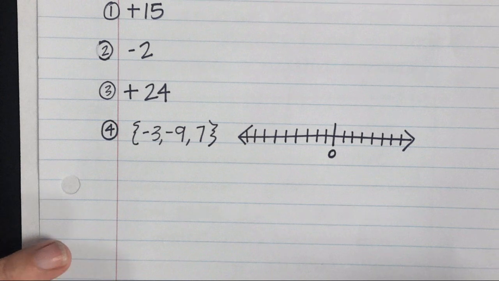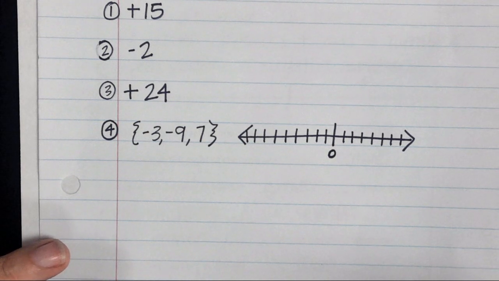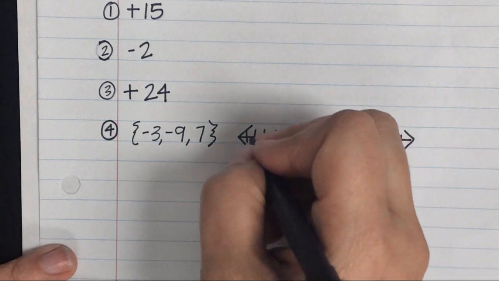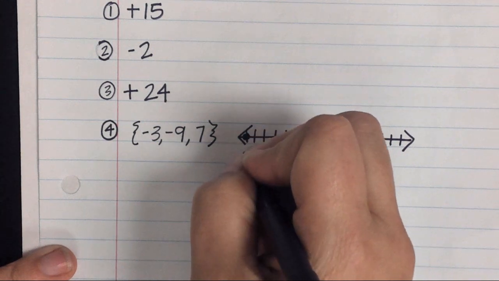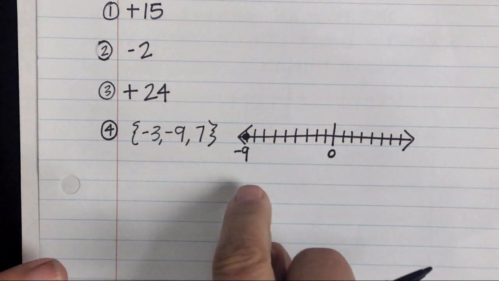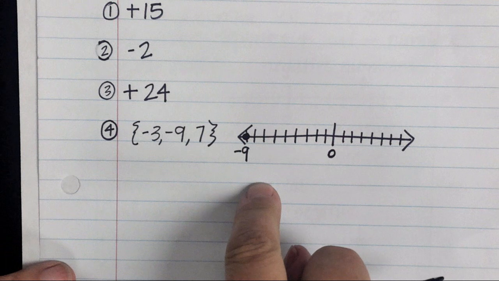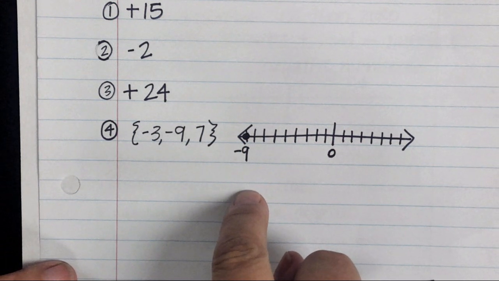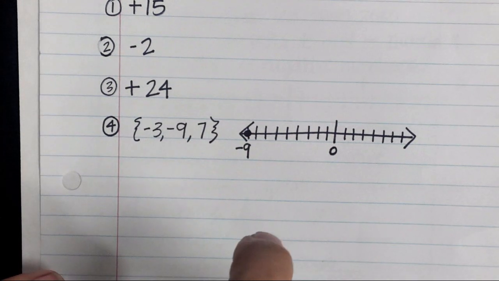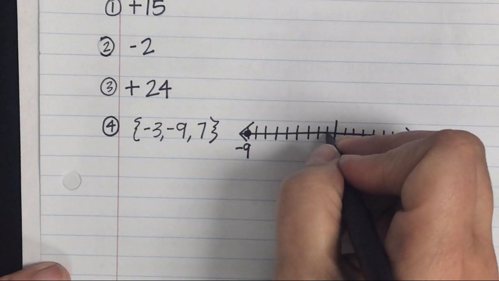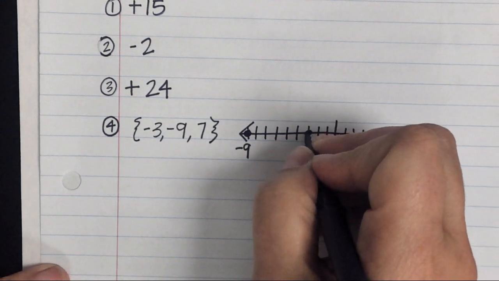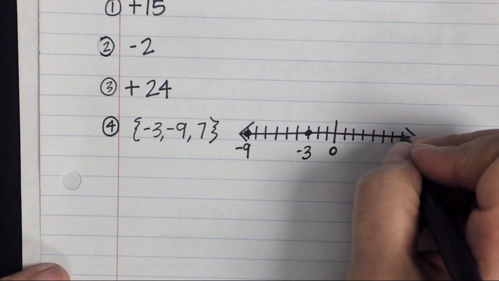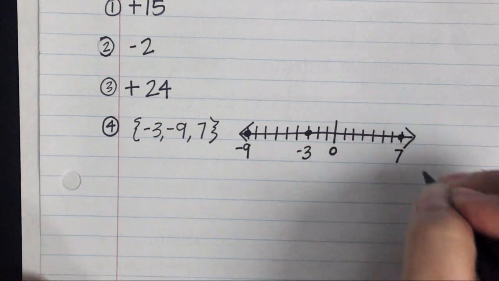What's the smallest value? Nope. Negative 9. Remember, the more negative it is, the smaller the value. The farther away to the left the number is on the number line, the lesser value it has. What comes next? Negative 3. 1, 2, 3. And then lastly, positive 7.